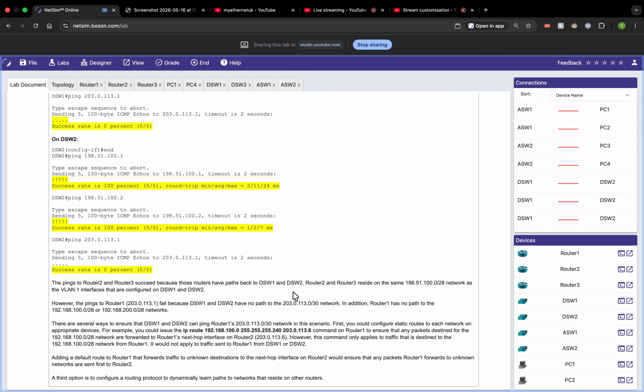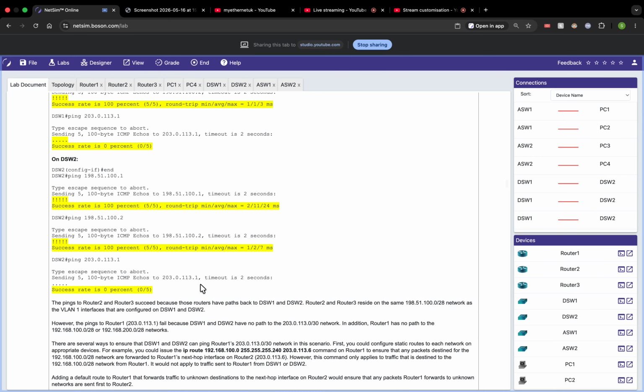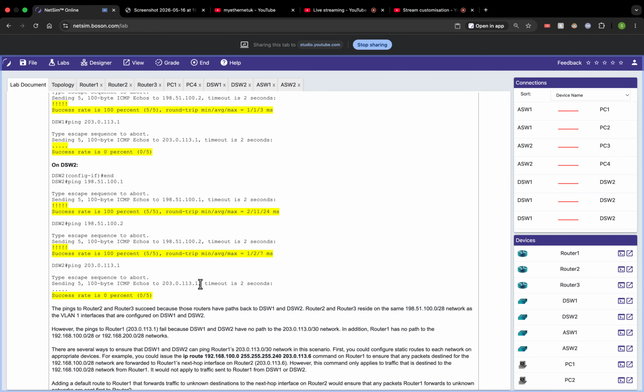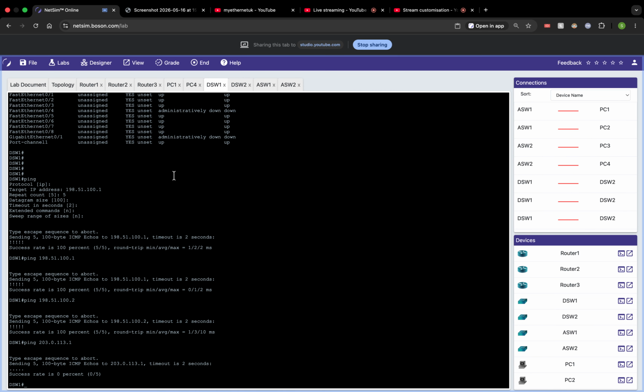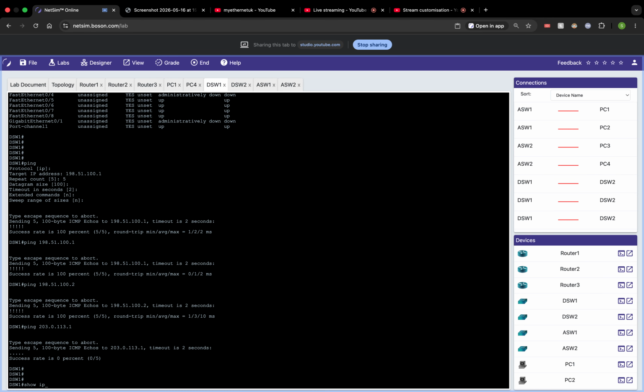DSW2, can it ping that? Right, so DSW1 couldn't ping it. And I don't think DSW2 can either because of those dots that are appearing. So I think we've got a problem there. Everything else seemed to have worked. So no, that's not worked.